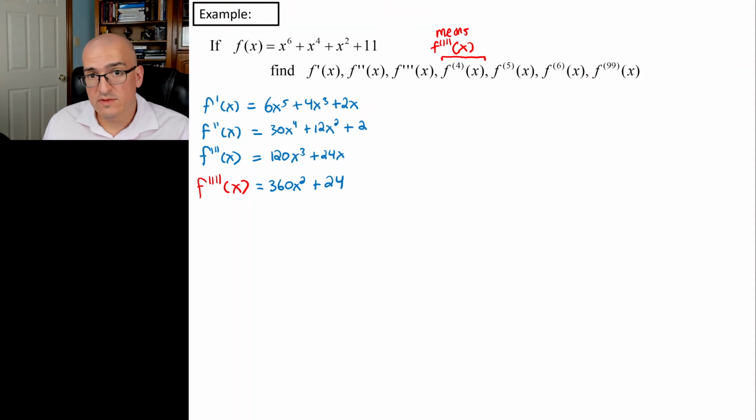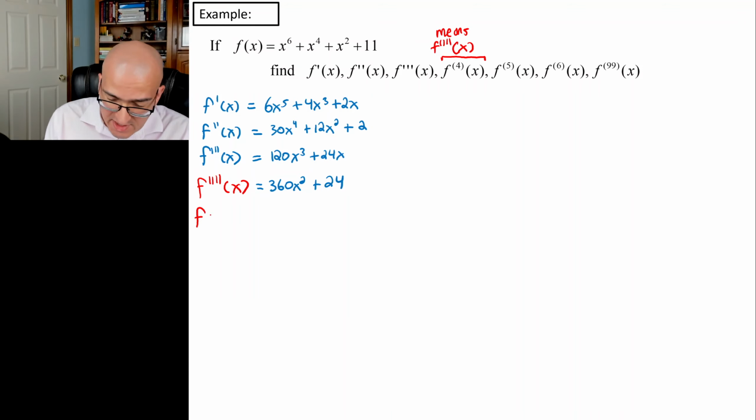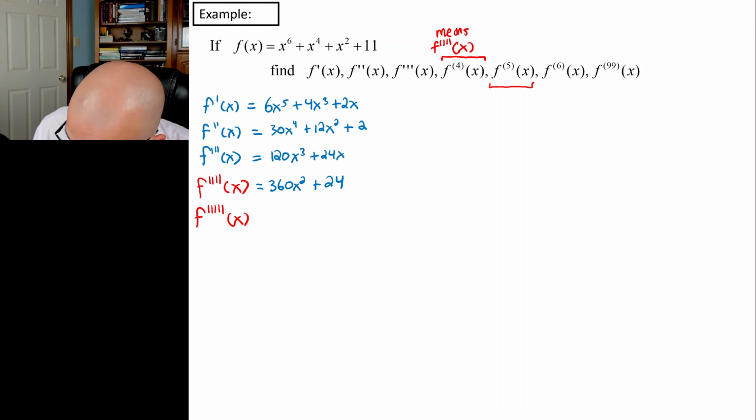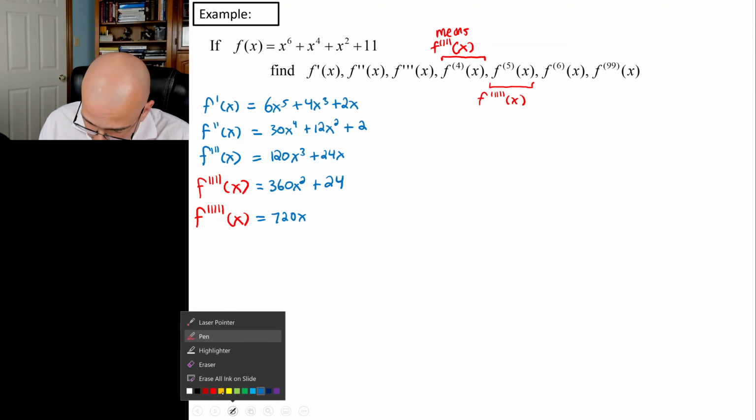The next one means fifth derivative. You can see it starts getting tedious to write the tick marks, 1, 2, 3, 4, 5, and that's why that bracket notation exists. 720x plus 0.